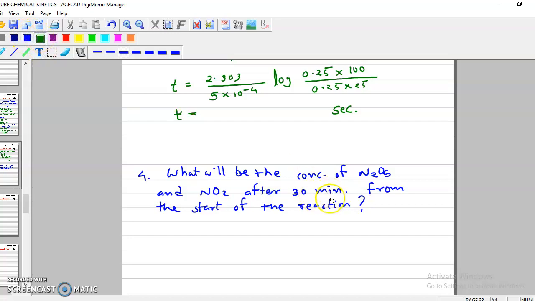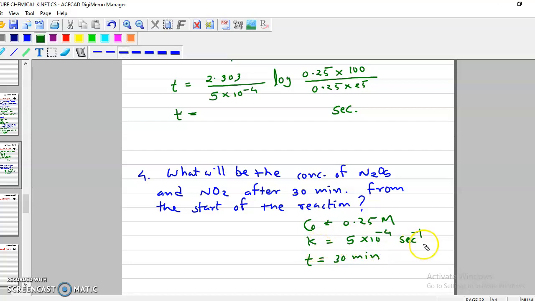So what is given? C0, the initial concentration, is 0.25 molar. Then K is given as 5 into 10 raised to minus 4 second inverse. T is also given, that is 30 minutes.